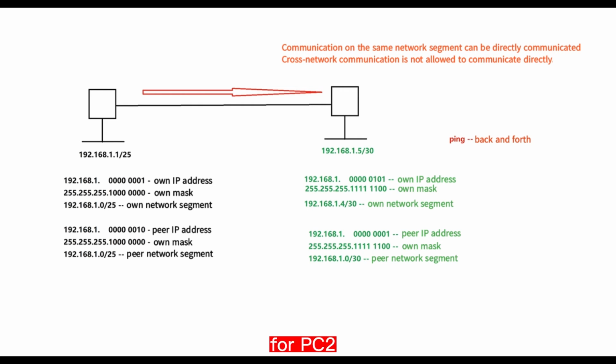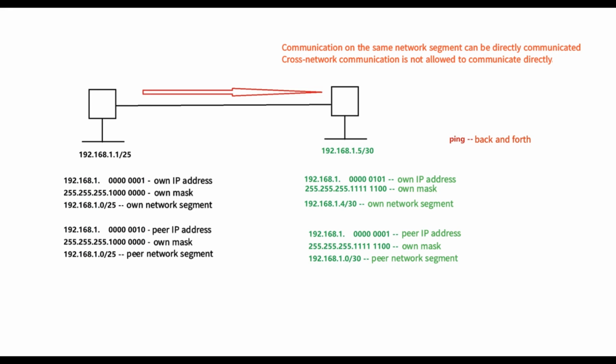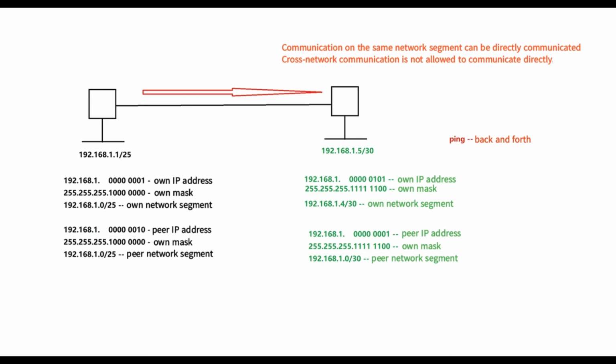For PC2, its IP, mask, and network segment are no problem. Now we have to calculate the following part. Now it is the IP of the other party plus your own mask. The own mask is 255.255.255.11111100.